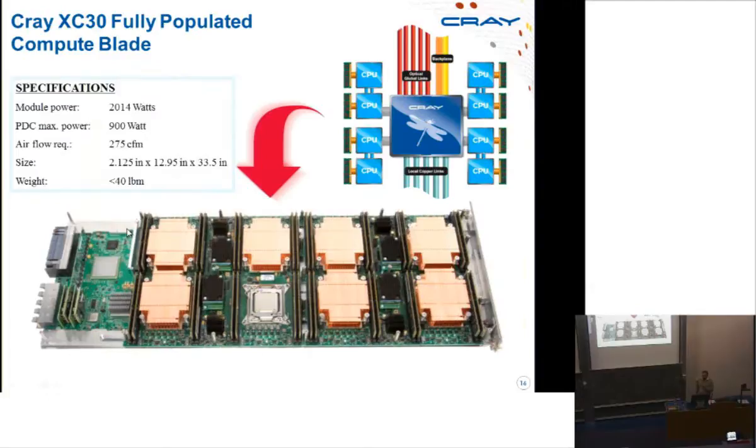A fully populated blade looks a bit like this. As you can see, we've got 7 heat sinks, because one of the heat sinks has been removed, and these represent the sockets which the Intel processors sit in. You can see the memory cards, if I use the mouse here, lying along each side. And then here it's plugging in to the Aries chip at the back here.